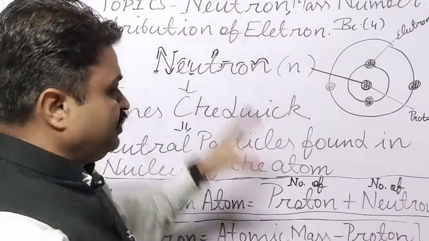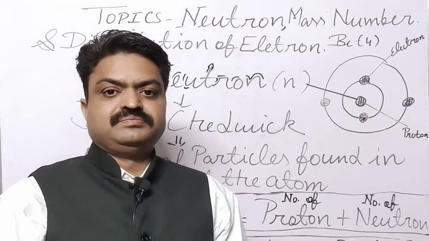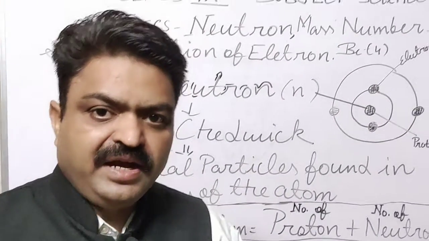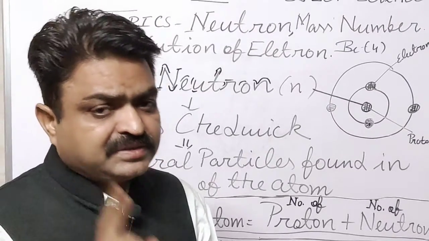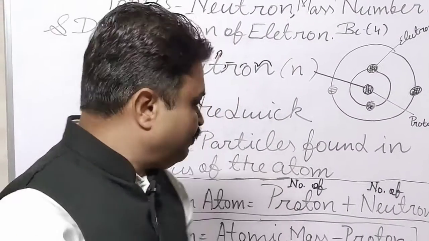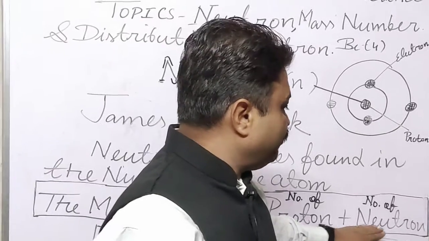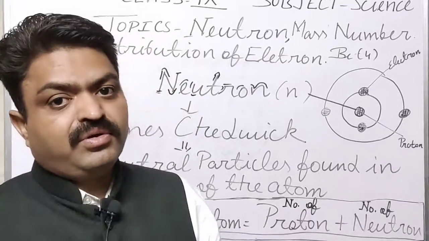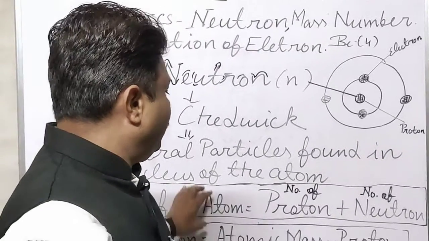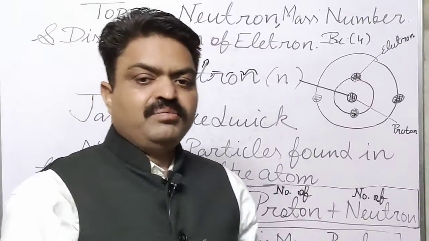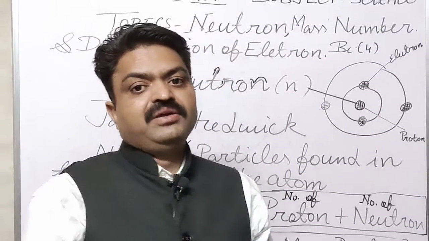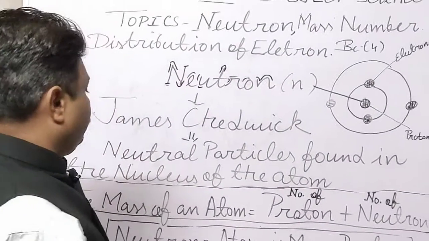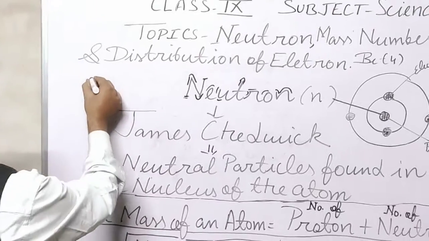Now we come to the mass number. Mass number is also known as atomic mass, and it is the sum of the number of proton and number of neutron. The sum of number of proton and neutron is known as mass number or atomic mass of the particular atom. Like there is one element, that is sodium.